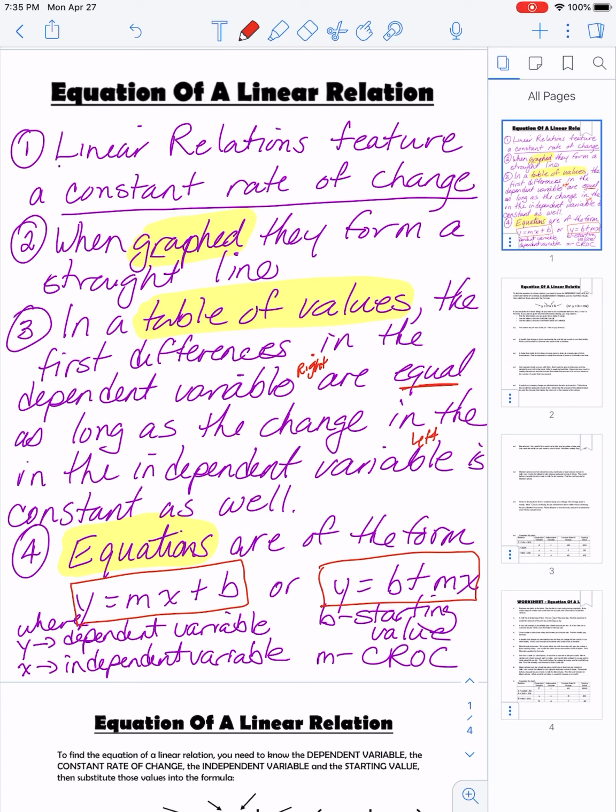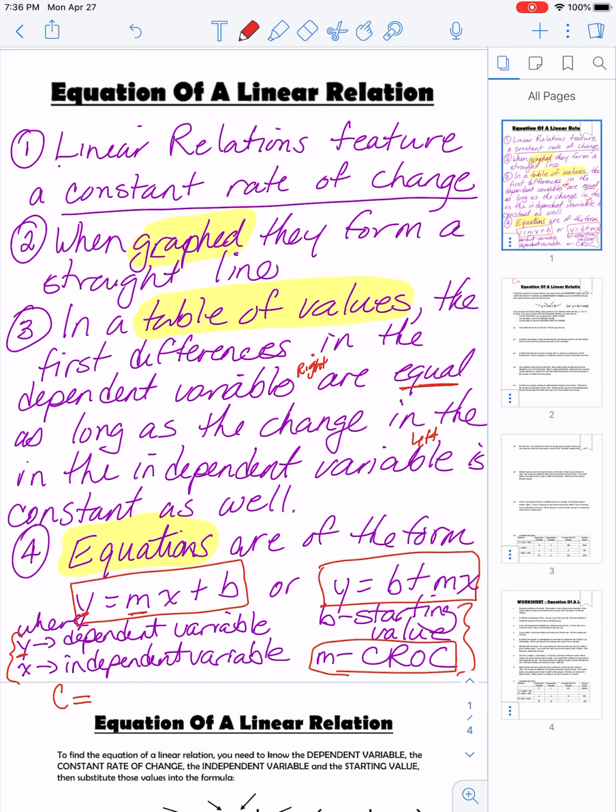And so down here, I describe what each of those letters in that equation mean. So y is your dependent variable, so maybe that's the cost, and the cost depends on how many people. So we might have cost equals, where y is the cost, the dependent variable, equals m, the rate.